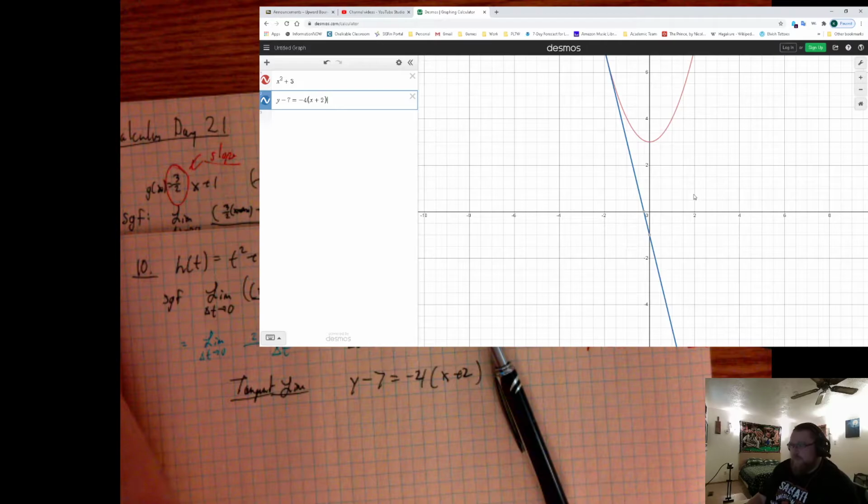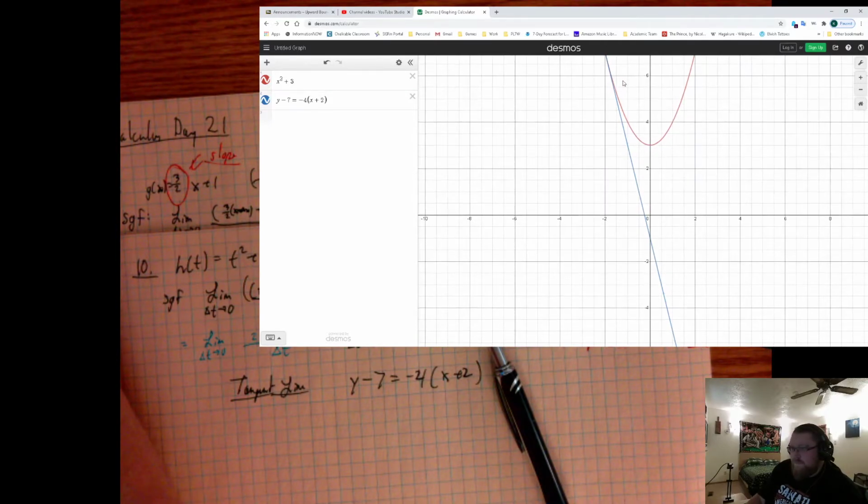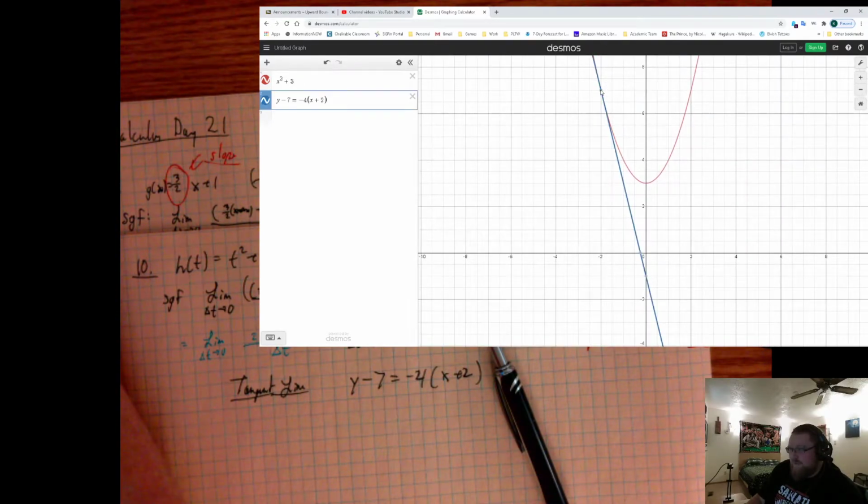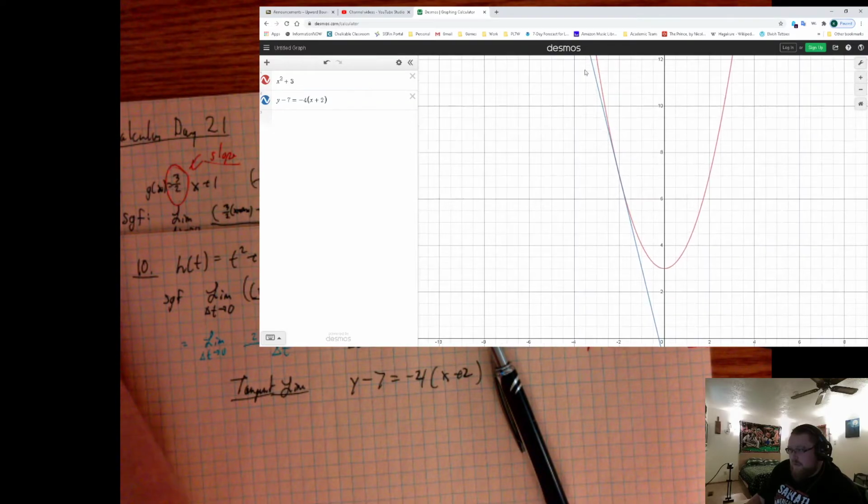I can see that over here at negative 2, 7, this blue line perfectly represents the slope at that place. So it's the tangent line, which means my slope of negative 4 was correct.